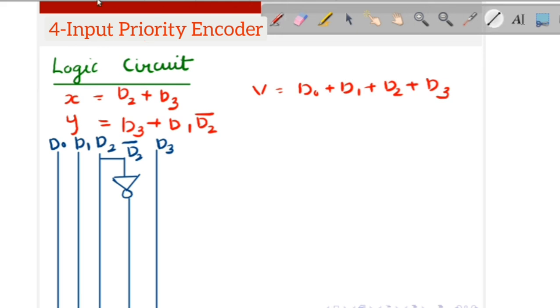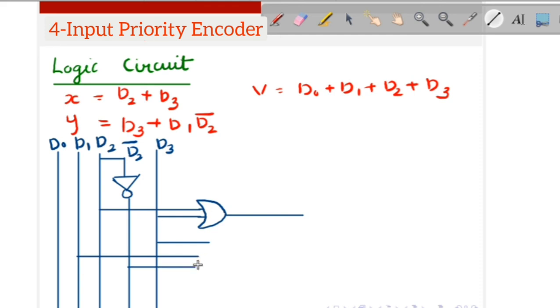Then X is equal to D2 or D3. Okay, these two inputs are OR together, right? So we get X. Y is equal to D3, then D1 and D2 bar. Here we have the D1, then D2 bar.